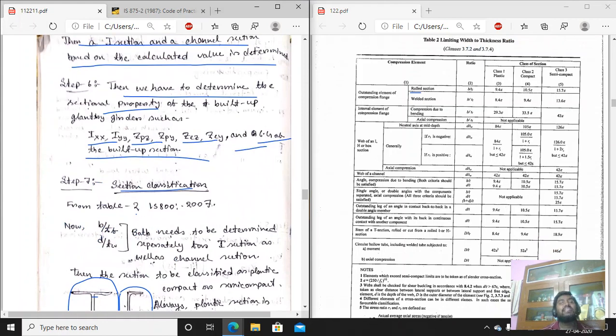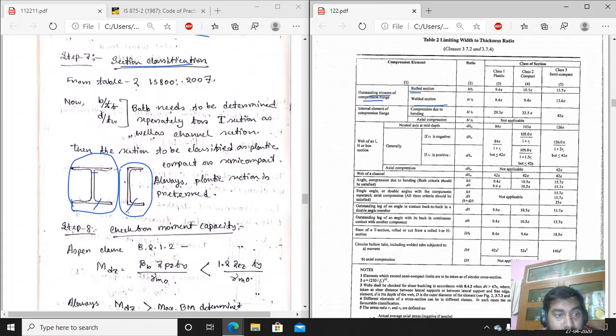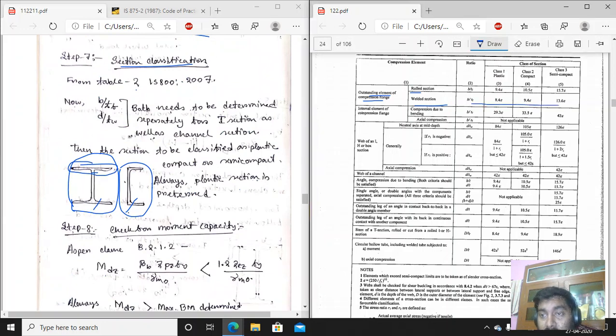Generally a welded section is provided. So the channel and the I section are welded together. So this is a welded section. For that, the outstanding element of the compression flange, we have to satisfy those values, and for the internal element, neutral axis depth, we have to determine those values. So B by Tf and D by Tw both have to be satisfied.